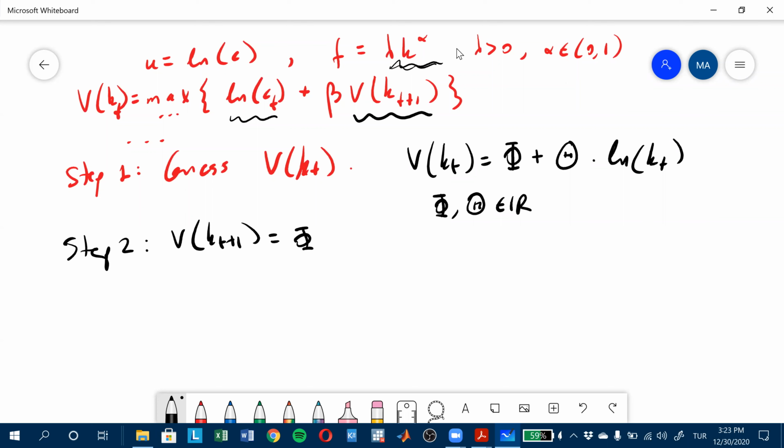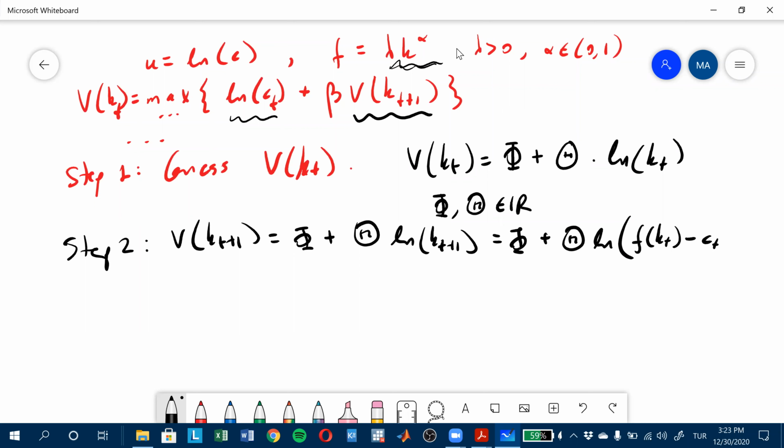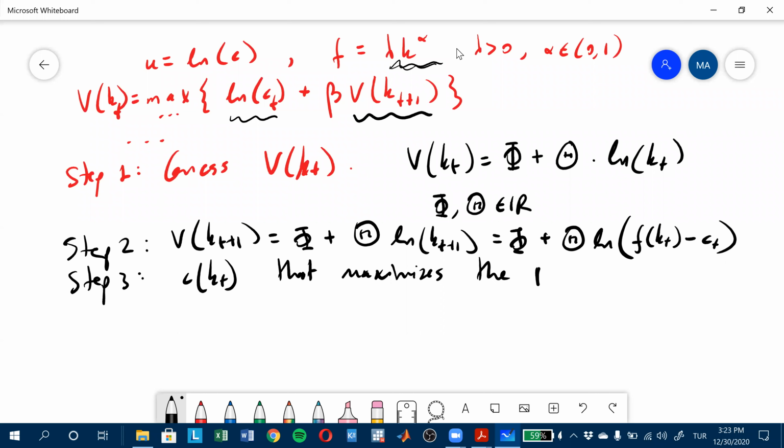So V(K_{t+1}) will be simply phi plus theta times the natural logarithm of K_{t+1}, and remember the constraint: F(K_t) minus C_t. Now, step 3: find the C(K_t) that maximizes the right-hand side of the Bellman equation. Because now I can solve the problem.